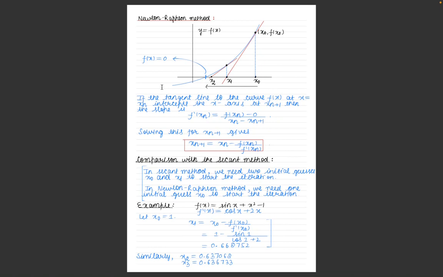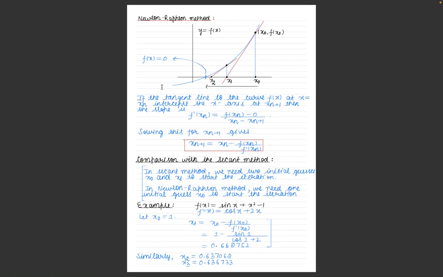The point where it intersects the x-axis will be our next iteration in line, and you see, at least pictorially, this is going closer and closer to the root. This is the actual root, the point where f(x) is 0. So the aim is to find an x such that f of x is 0.